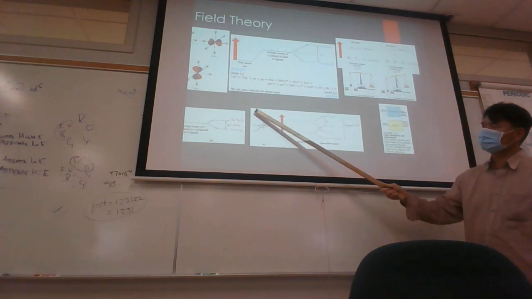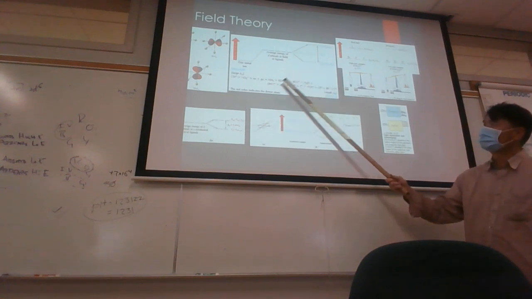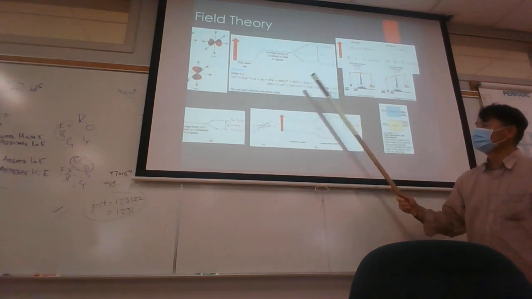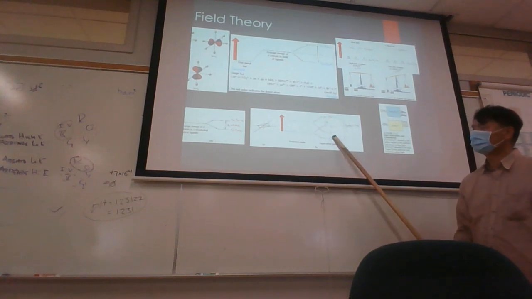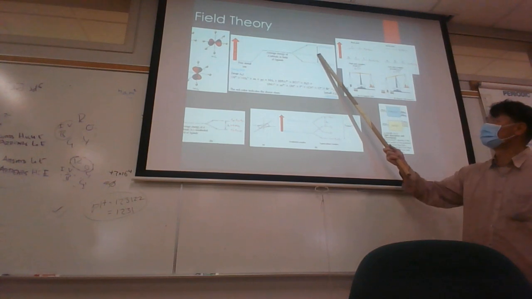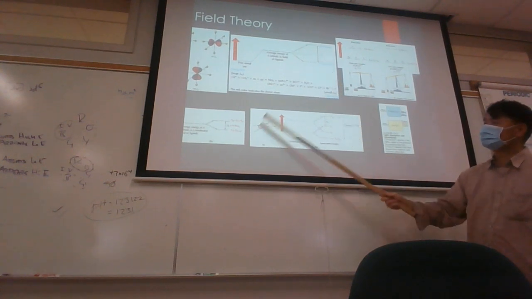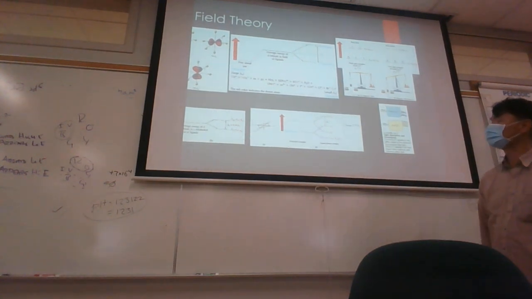Crystal field is the field of the ligands splitting the orbitals. We can split it into octahedral, tetrahedral, or square planar, which all have different splitting patterns and different magnitudes of delta. Tetrahedral deltas are always small.